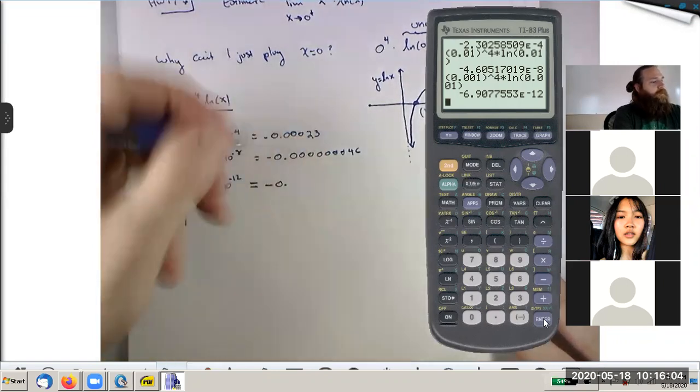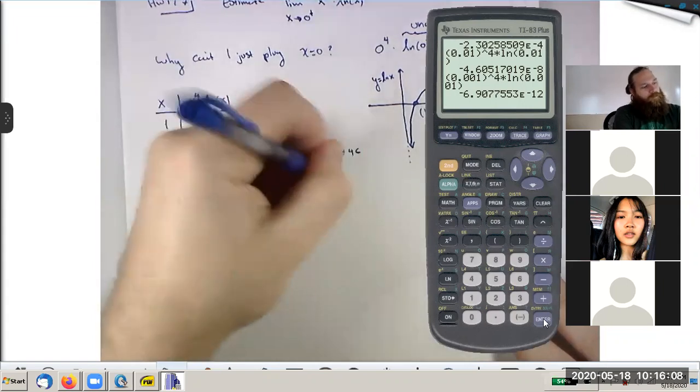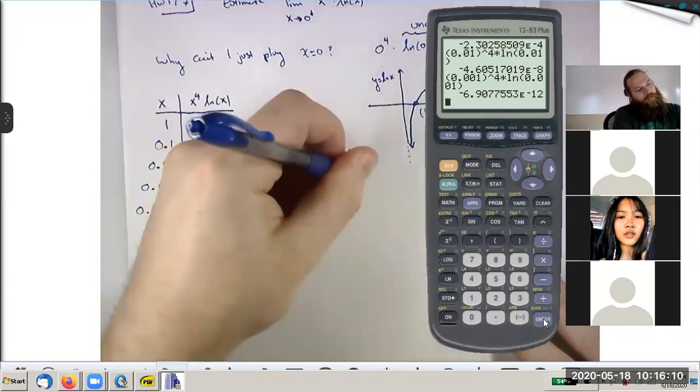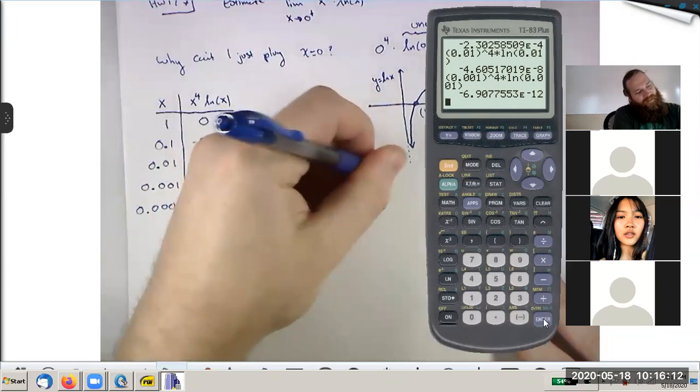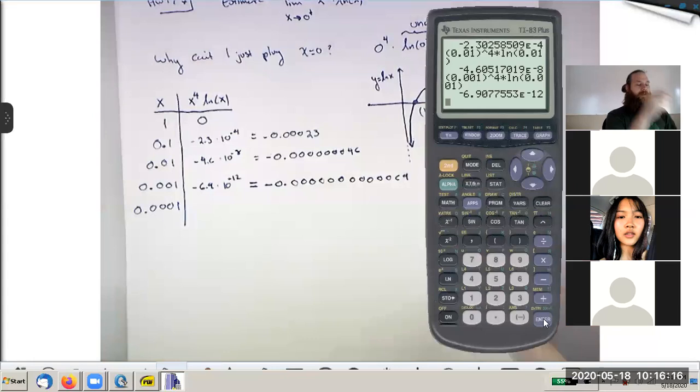I count 11 more zeros now. So 1, 2, 3, 4, 5, 6, 7, 8, 9, 10, 11, and then the 6, 9. So these are extremely small numbers, right? These are numbers which are very, very close to 0.